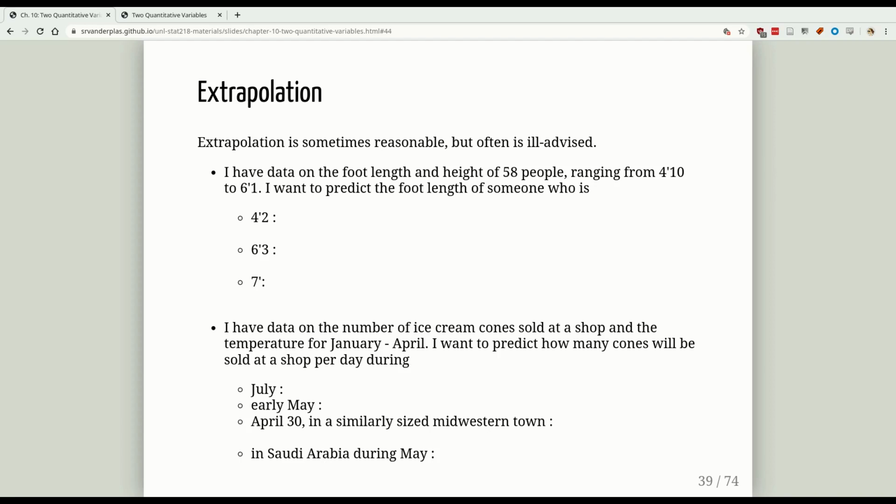And I encourage you to think about the reality and the real constraints of the data, as well as the statistical meanings and how far away the points are from the range of the data. Okay, there are physical constraints that statisticians have to deal with that make extrapolation defensible or not, and it's worth thinking about those. So pause the video for a minute and decide whether you think each of these is reasonable.